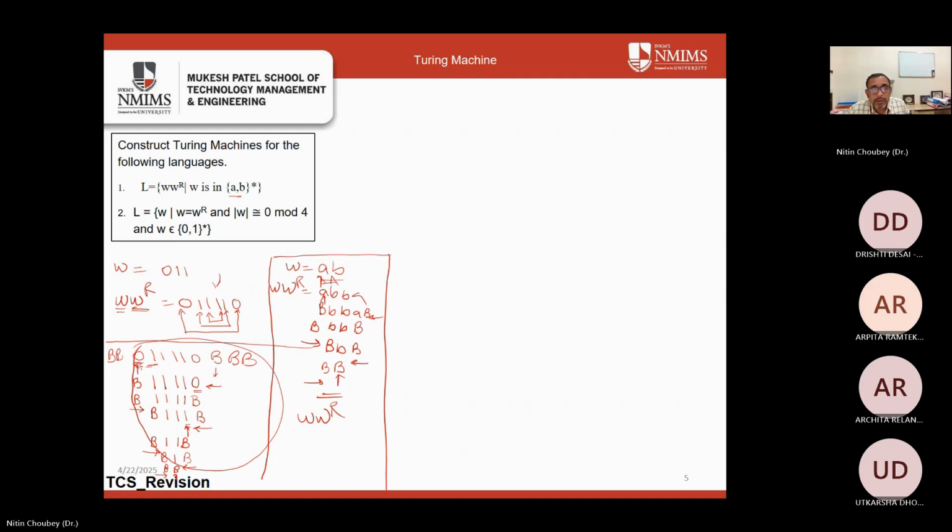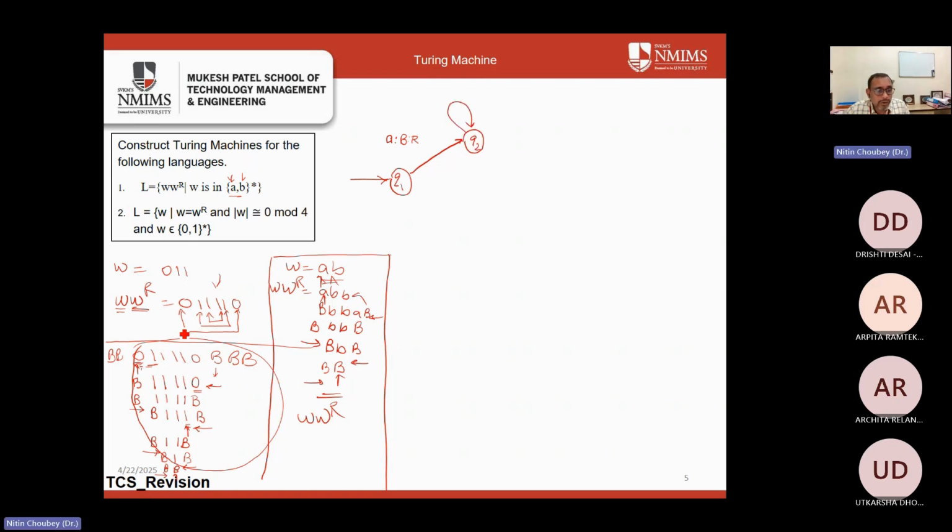Okay, so let's go for the construction. Q0: our first input would be either A or B. If your first input is A, replace A with blank, move to right, Q1, Q2.